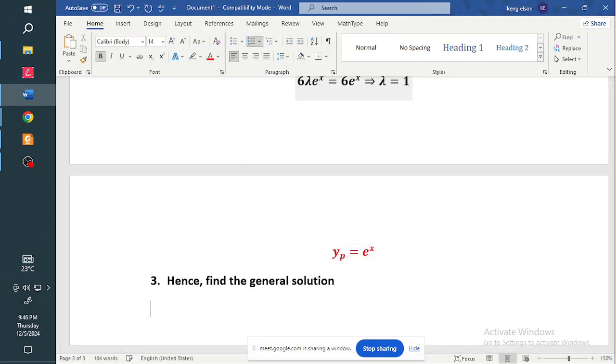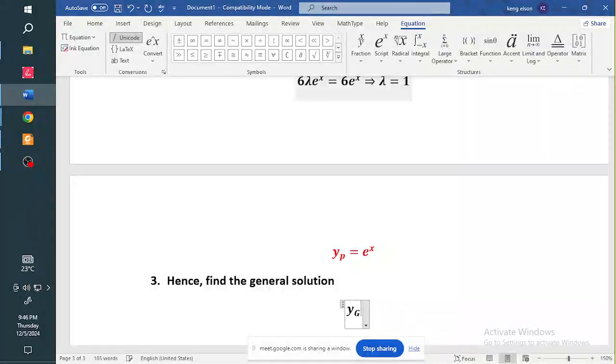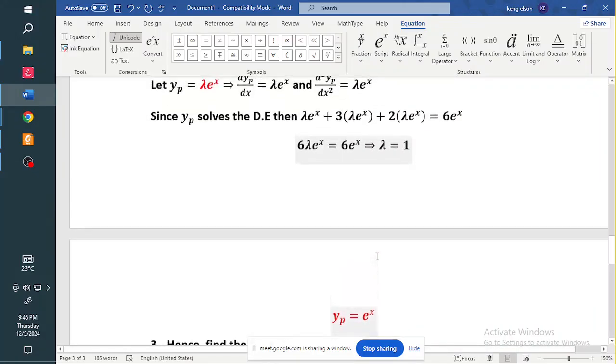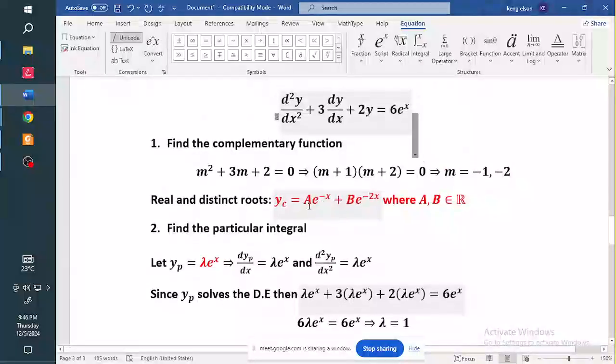And finally, the general solution, we'll just call it y. No need to be calling it yg. So y is equal to complementary function plus particular integral. So our complementary function is this.